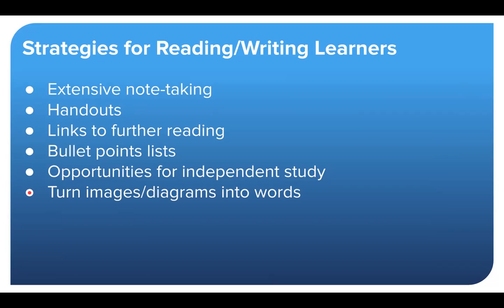You could have your students do some writing about each of the different topics, and turning diagrams into paragraphs. So remember we talked a little bit about tables and charts and graphic organizers. Reading and writing learners can do very well when translating images and diagrams into written text. So you can provide opportunities to do that.